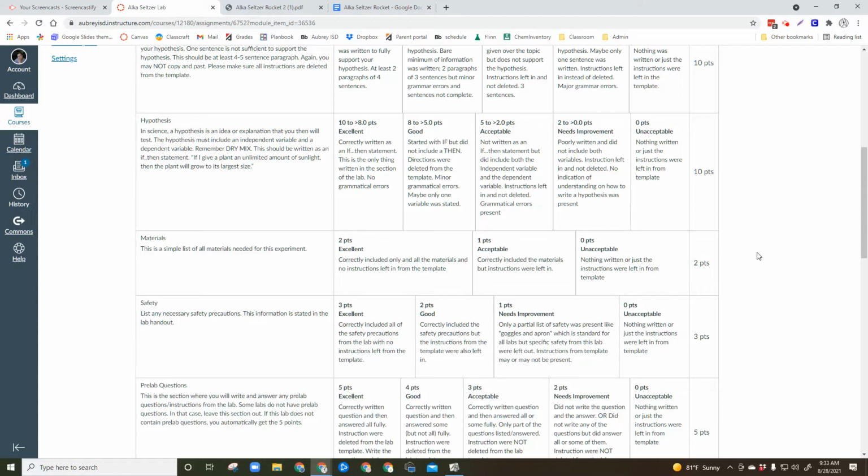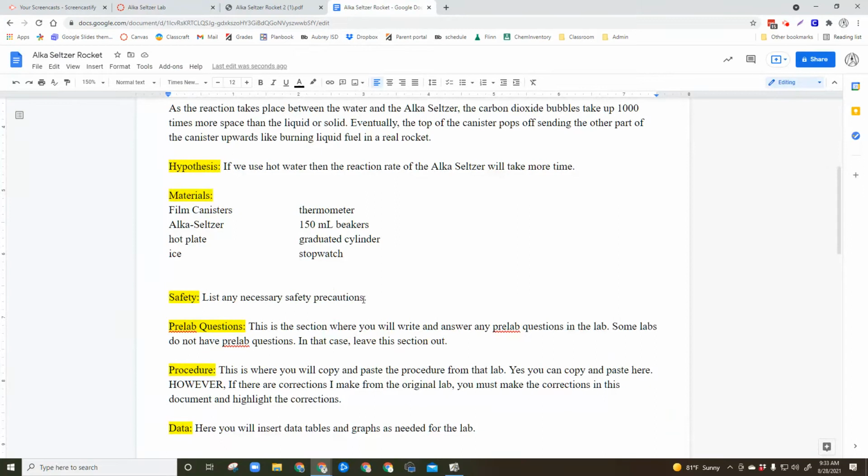I mean, I'm giving you 2 points to verify that you can copy something and paste it in. You don't have to do any thinking there or interpreting or writing in your own words. So 2 points, it's not worth that much. So, all right. And then same thing here with the safety. Okay. You don't have to read and interpret.